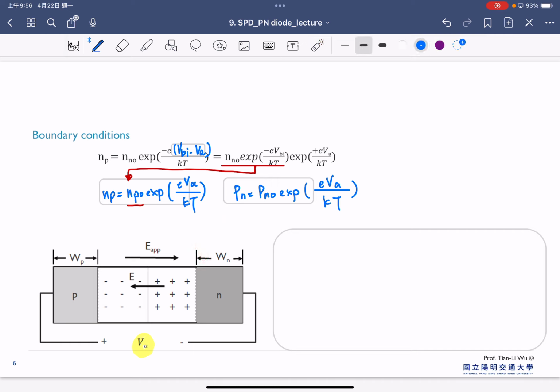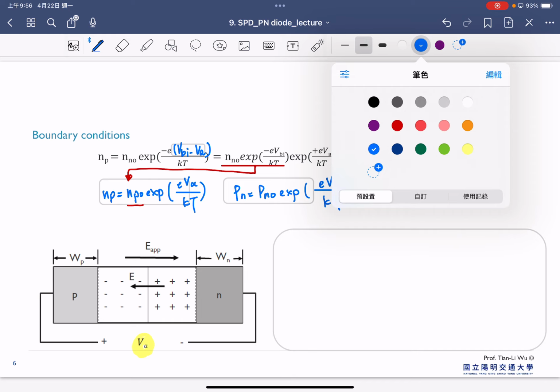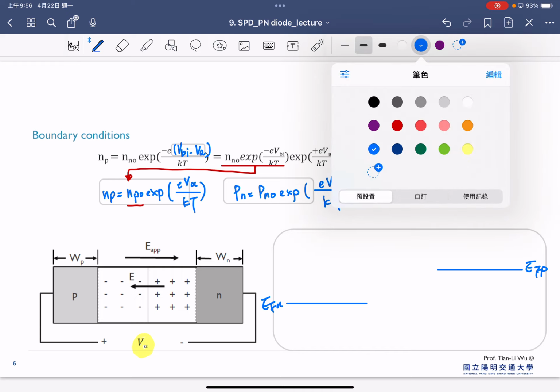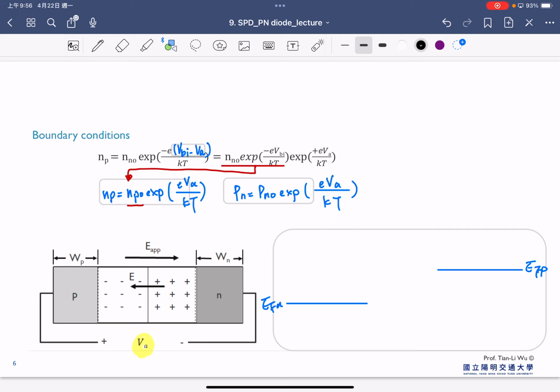As we already showed before, we have EFN and EFP here, and this is our conduction band and valence band, and this is our conduction band and valence band.